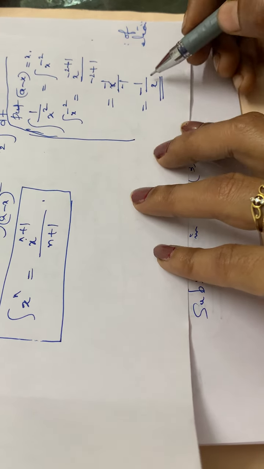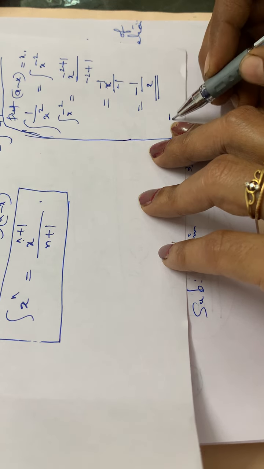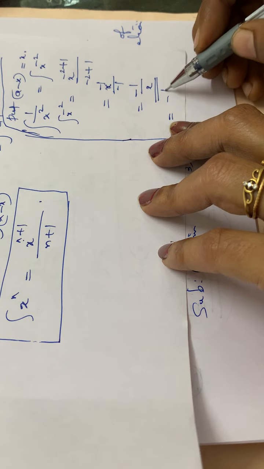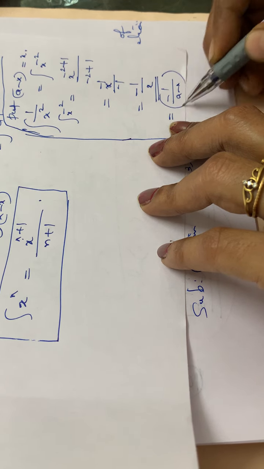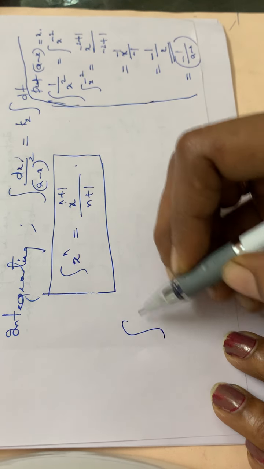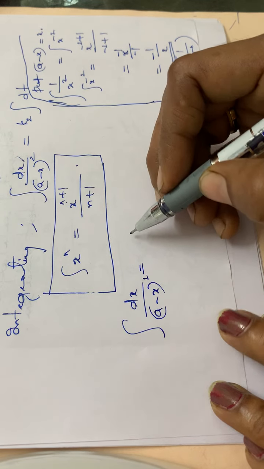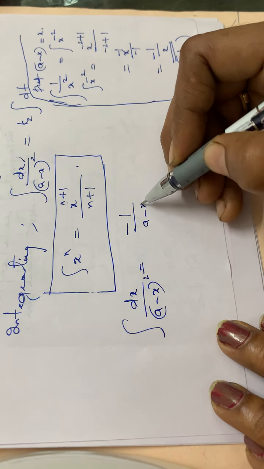Then you have to change this x back into A minus X. So the integration becomes minus 1 by (A minus X). So the integral of dx divided by (A minus X) the whole square will be equal to minus 1 by (A minus X).